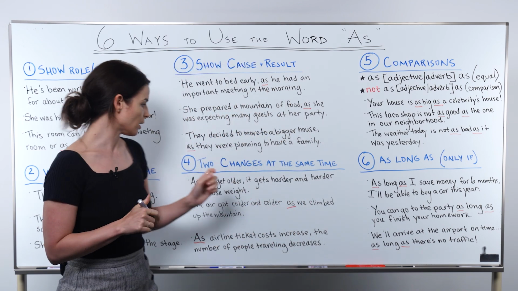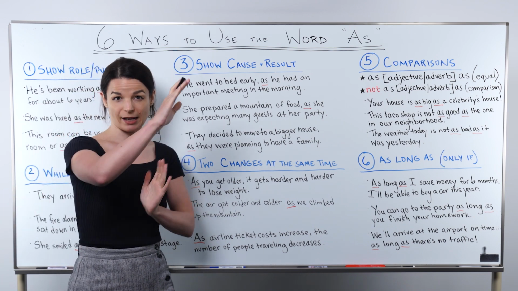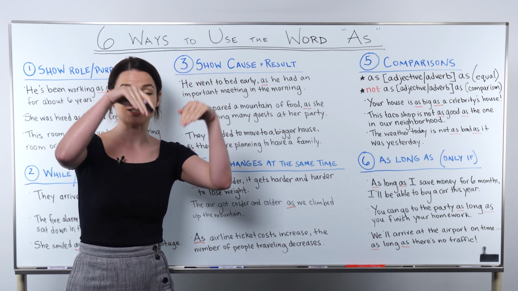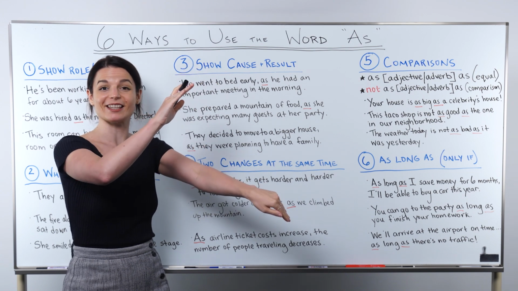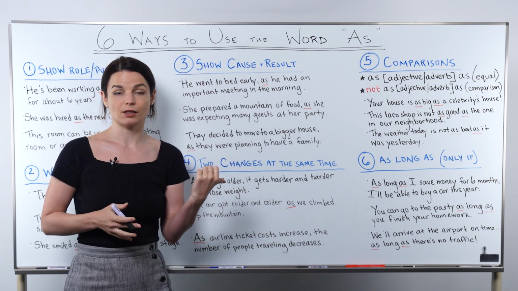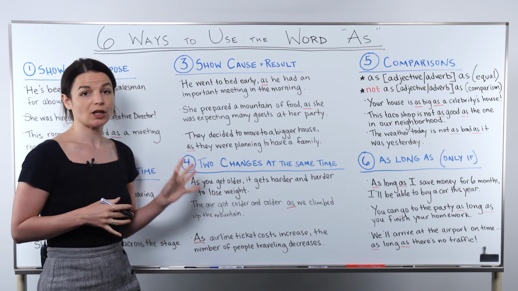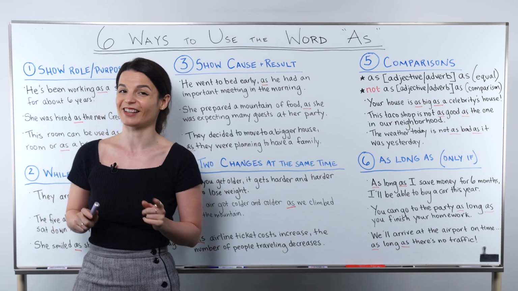The key here with number 4, though, is that two things are changing at the same time. For example, two things are increasing or two things are decreasing, or maybe one thing is increasing and the other thing is decreasing at the same time. The key with this use is change, and we'll also see there are some specific grammar patterns we tend to use with this type of as. So let's take a look.